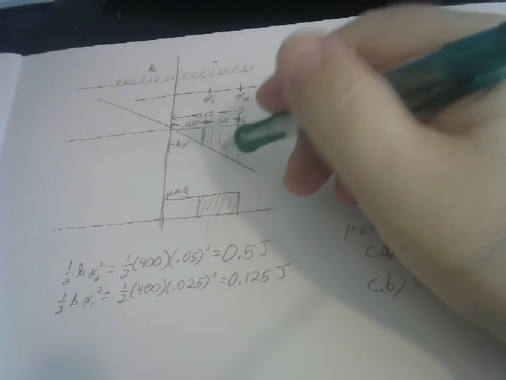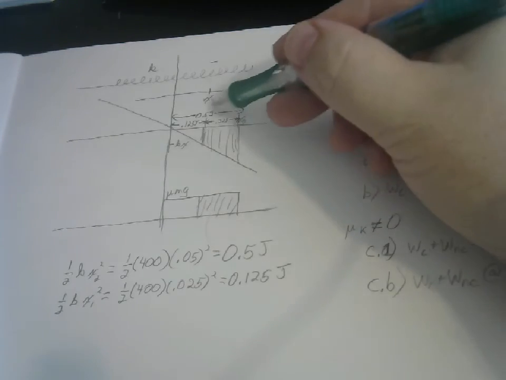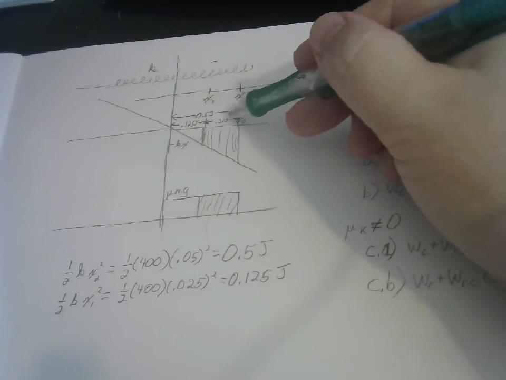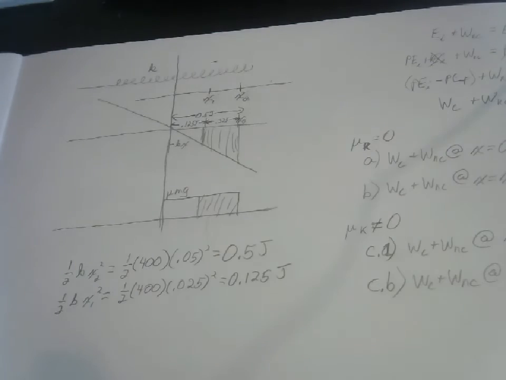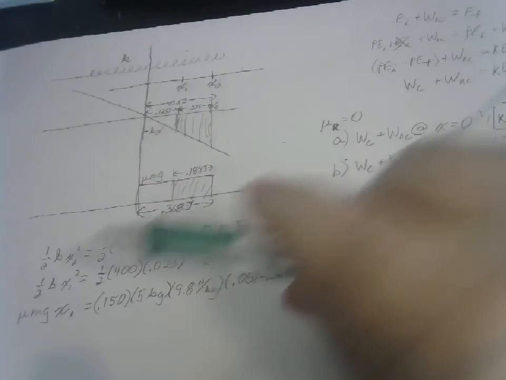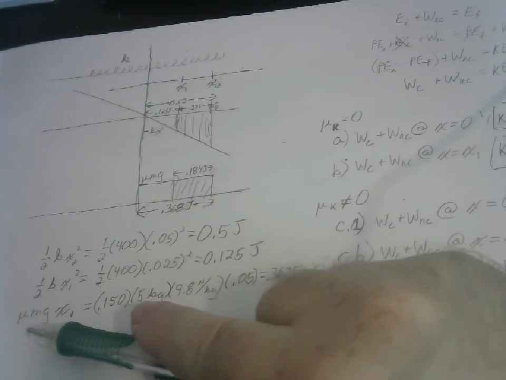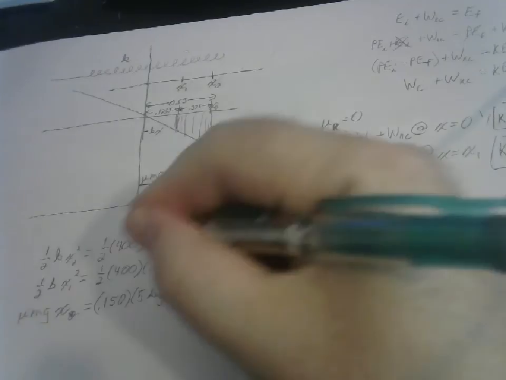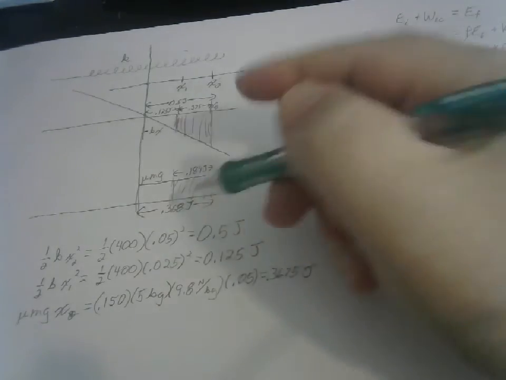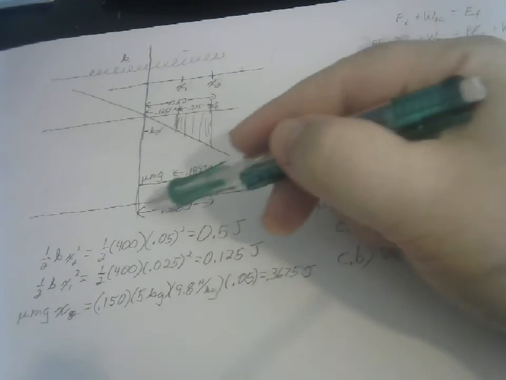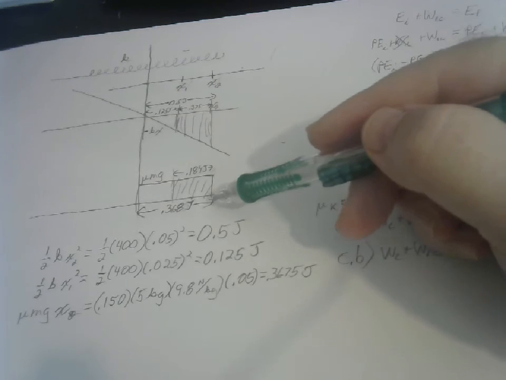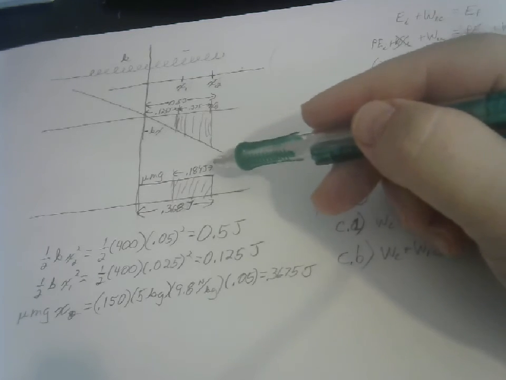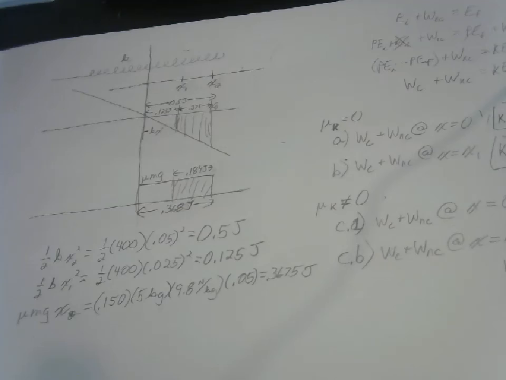So the area of the segment here is 0.5 minus 0.125, or 0.375 joules. And the work done by friction is the force of friction times the distance. It's 0.368 joules for the whole distance, or half of that for half the distance, 0.184 joules.